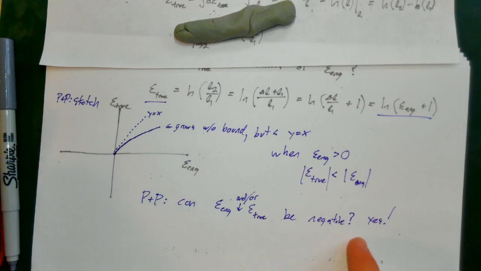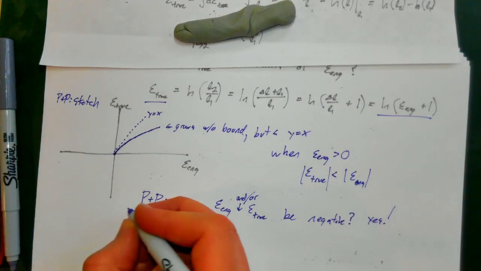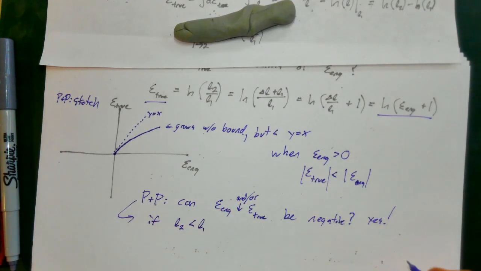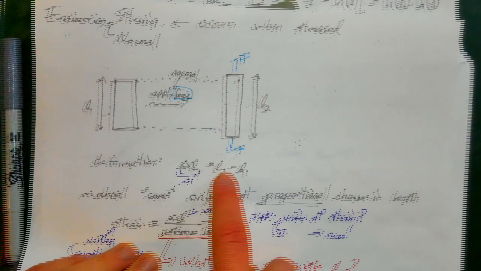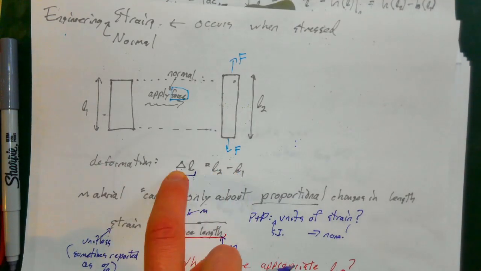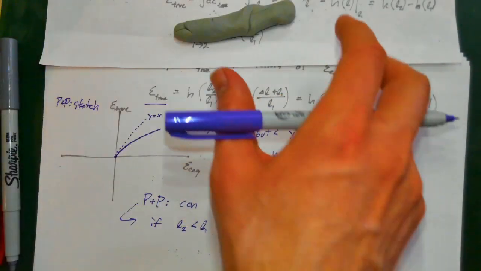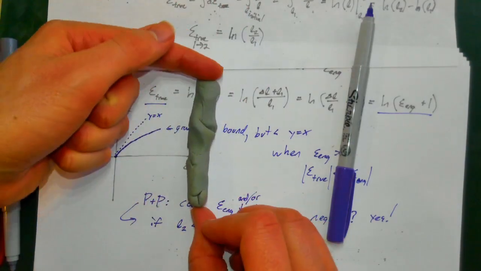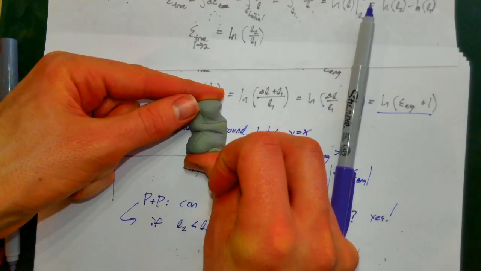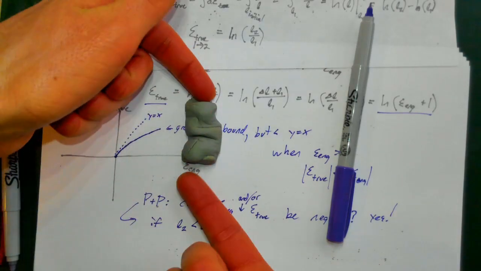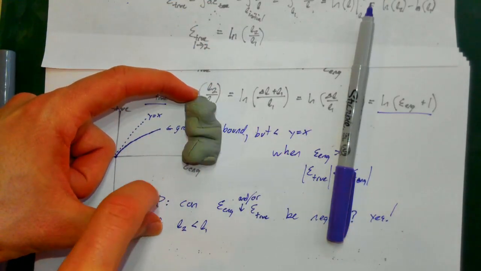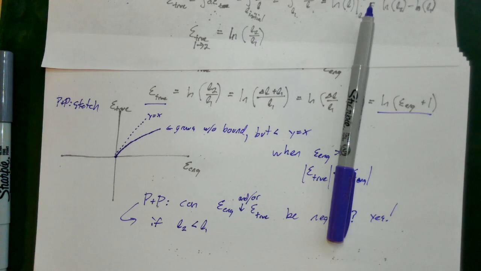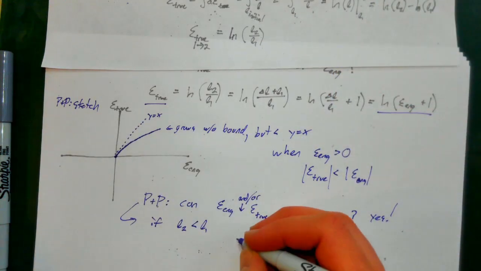And under what situations would strain be negative? Well, this would be true if L2 is less than L1. If we go back to this definition right here, if L2 is smaller than L1, then we have negative deformation. If I take some material and instead of stretching it out, I compress it to a length smaller than its original amount, then the change in length is a contraction rather than a stretch, and that means it's in compression, and strain can be negative.